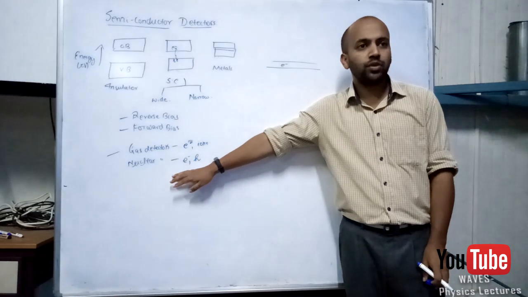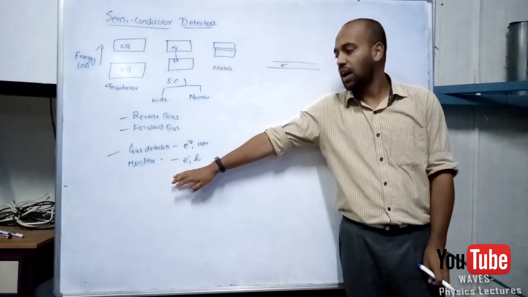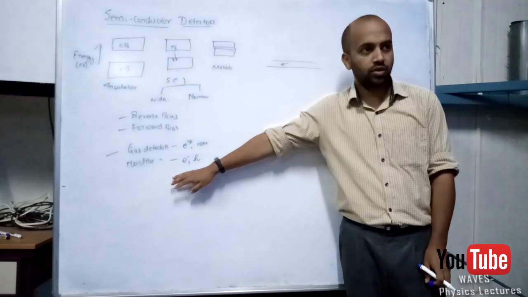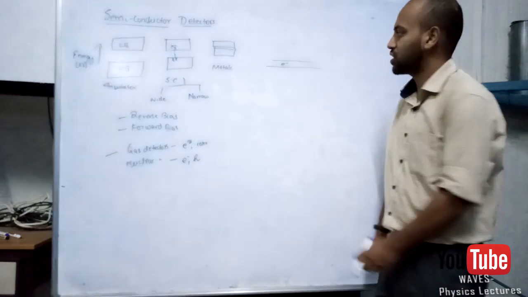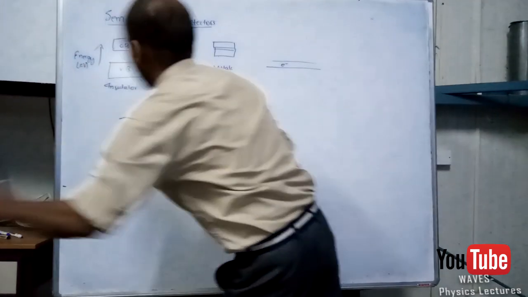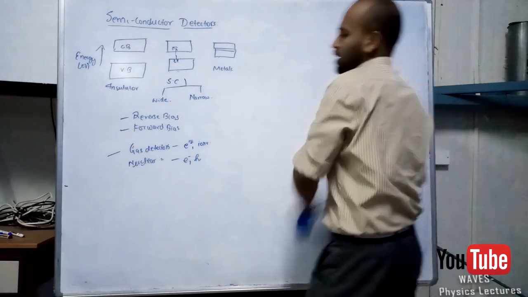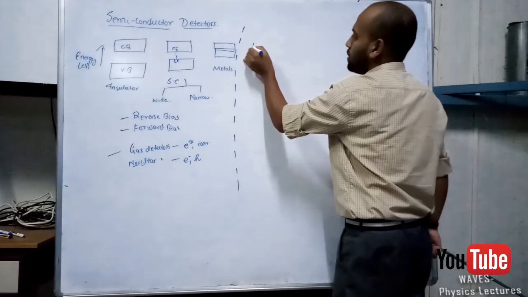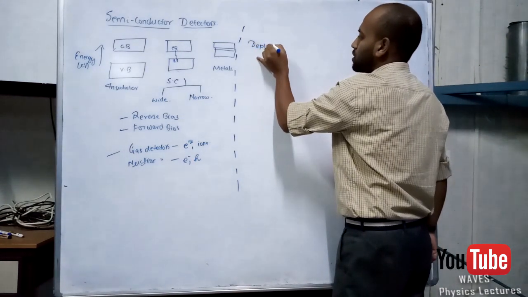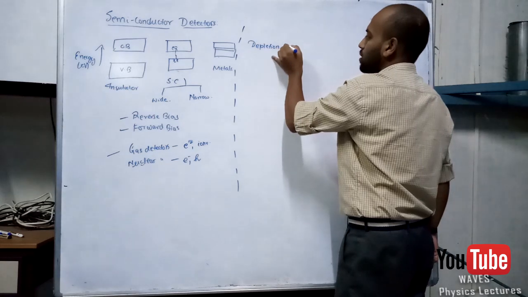Once we know these things, we can start with the idea of how a nuclear detector works. We do have a schematic, and based on this, we can understand a lot of properties. One last thing would be a depletion layer.